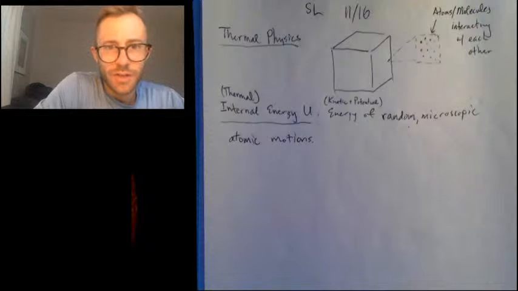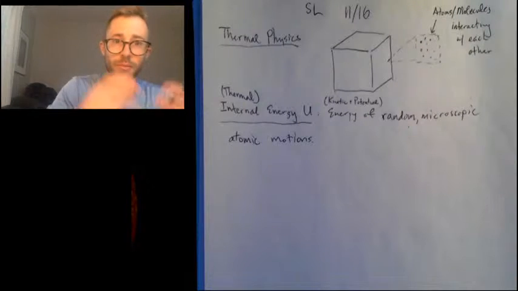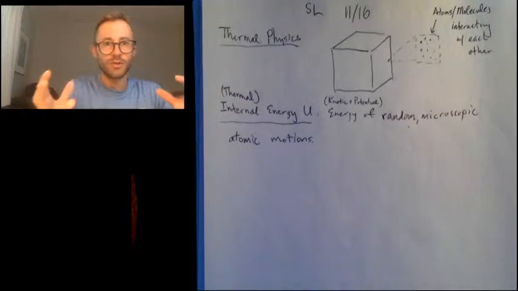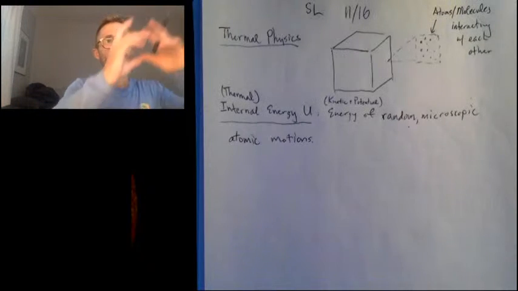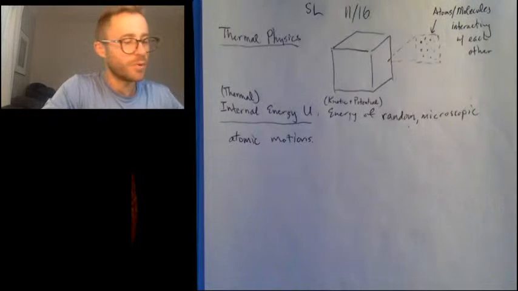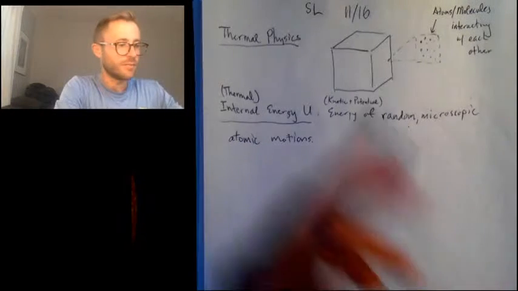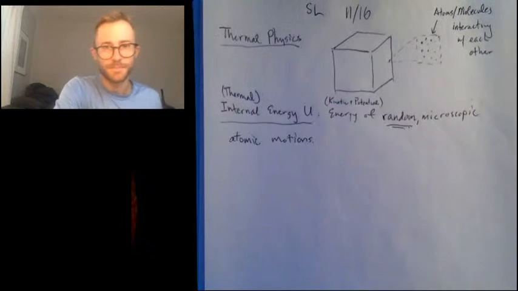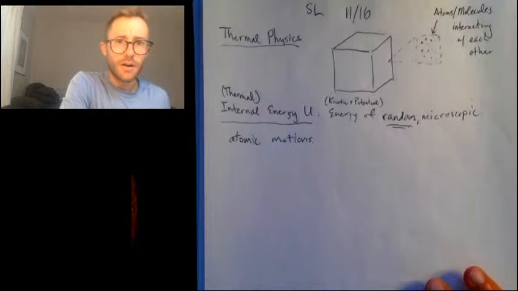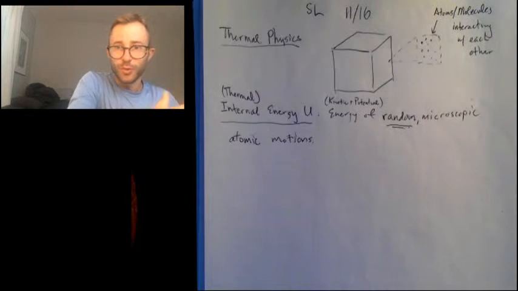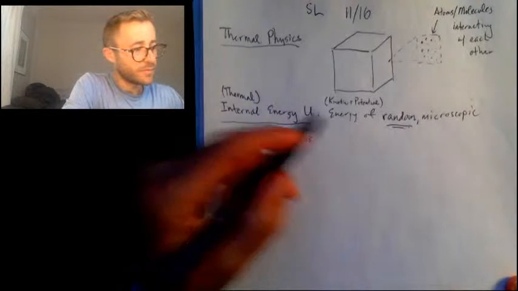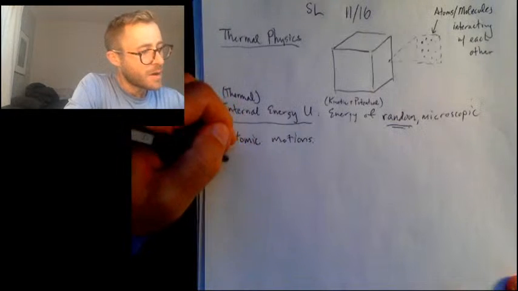So the kinetic energy that we've learned about before is a bulk collective kinetic energy of all the molecules together. But when we talk about internal energy, it's the extra energy due to just random jiggling. So important point, it's random. Of course, it's measured in joules, because it's a form of energy.